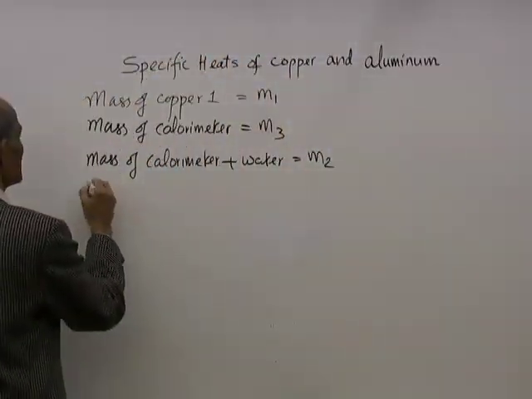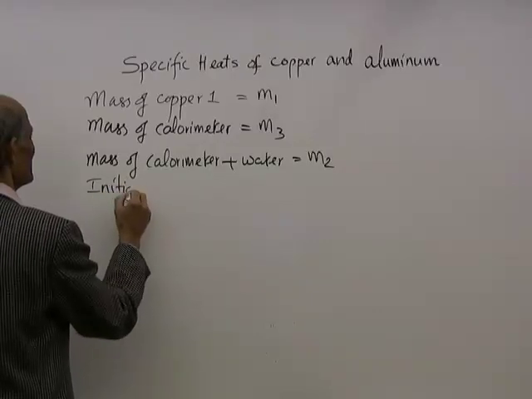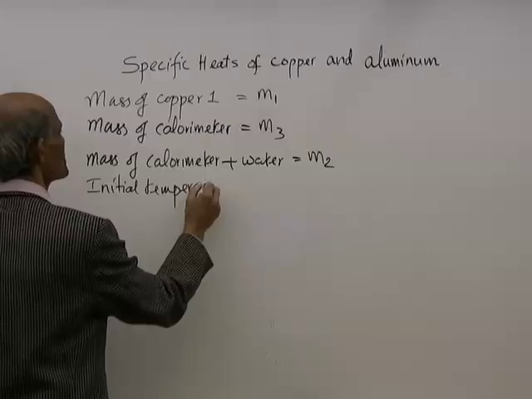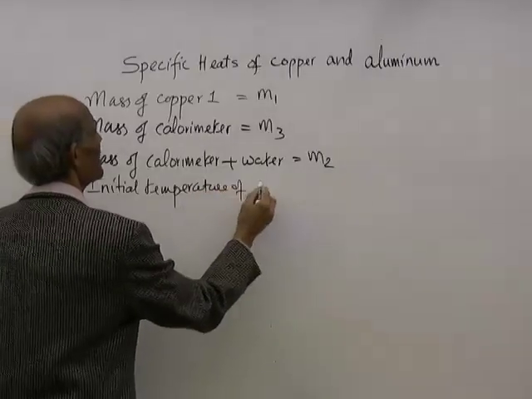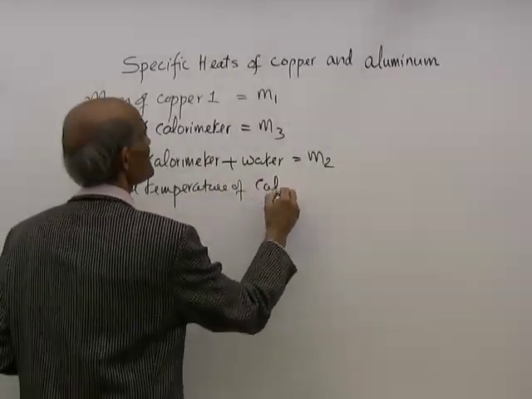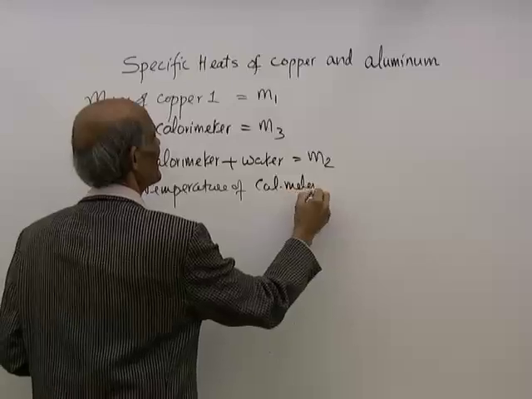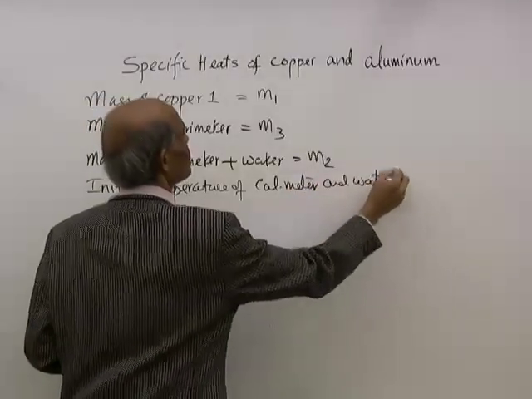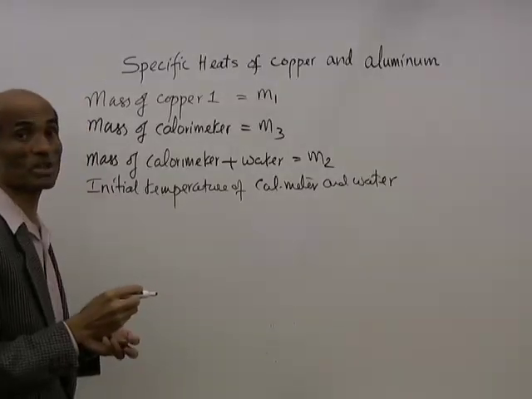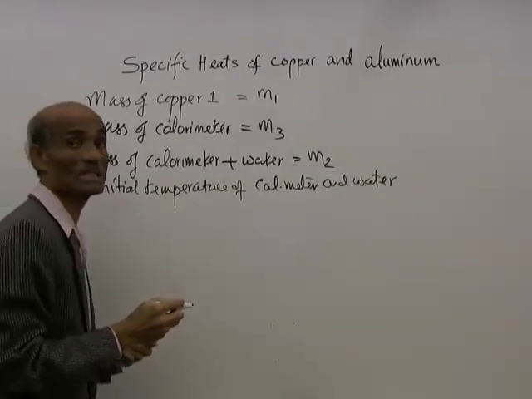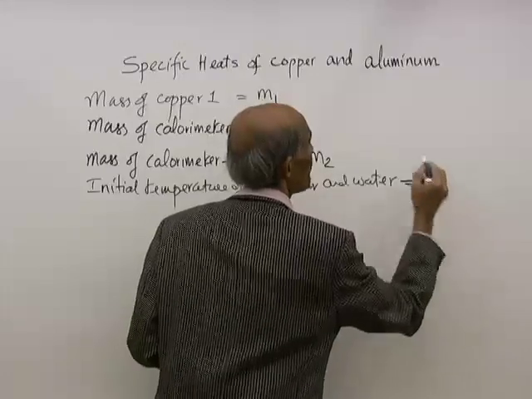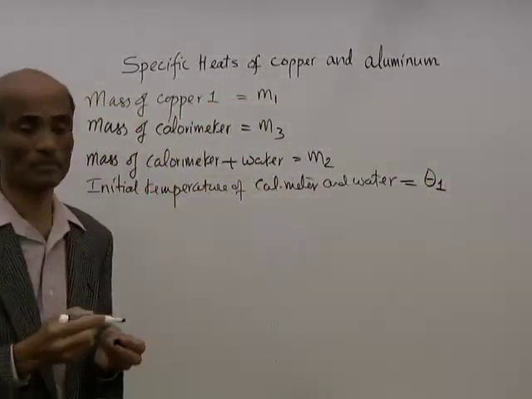So we have the initial temperature of calorimeter and water. I hope you can read my writing. The initial temperature of calorimeter and water, let's call it 31 degrees Celsius.